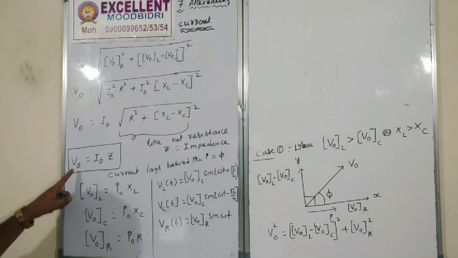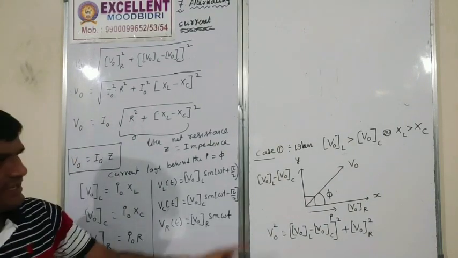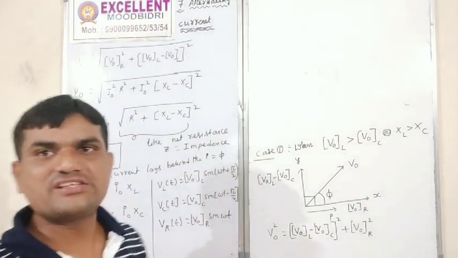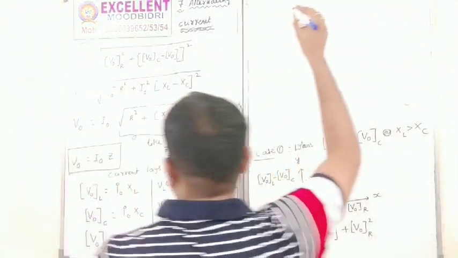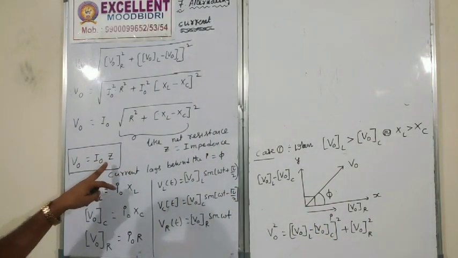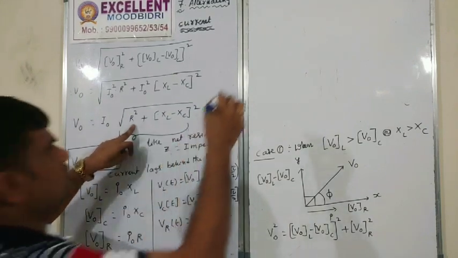Are you clear, everybody? V naught is equal to I naught into Z. Remember, case 1. Then phi is equal to how much? So now I will consider this. Here Z is equal to what? Z is equal to root over, when Z is equal to what?